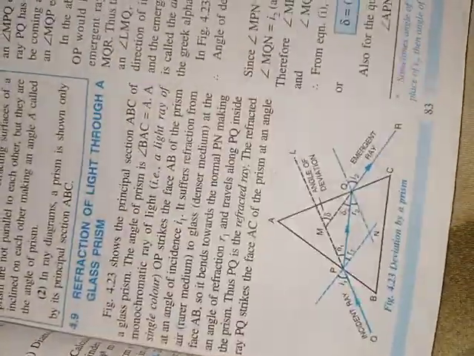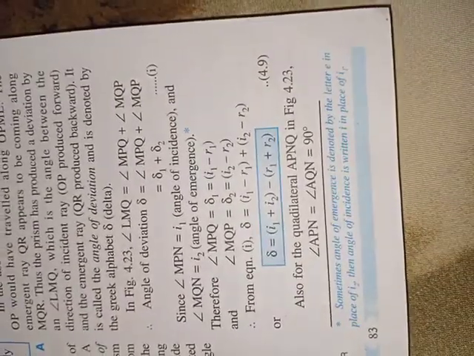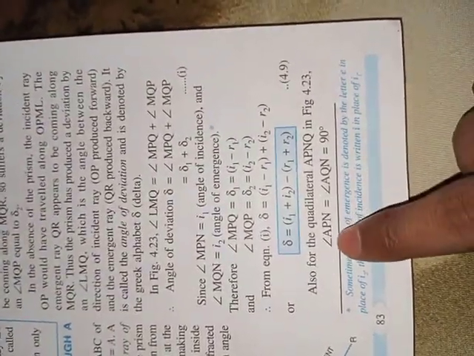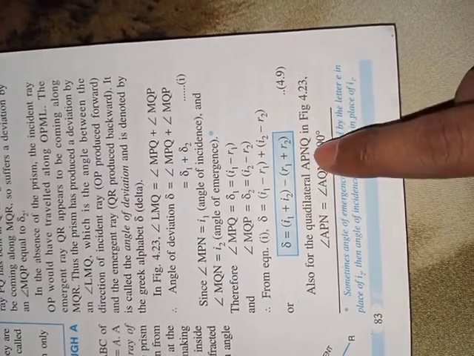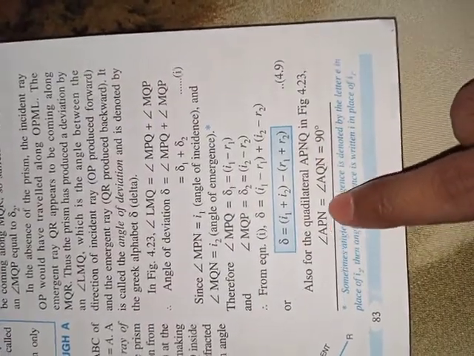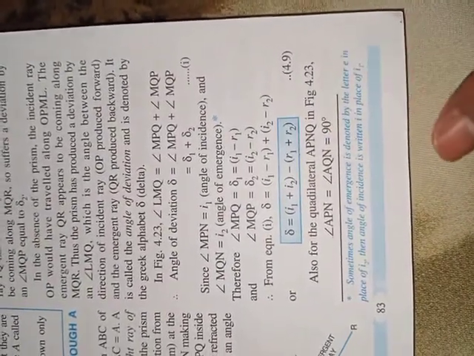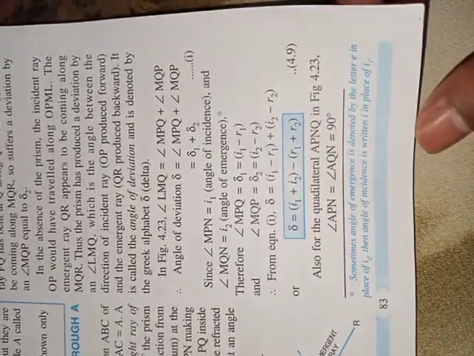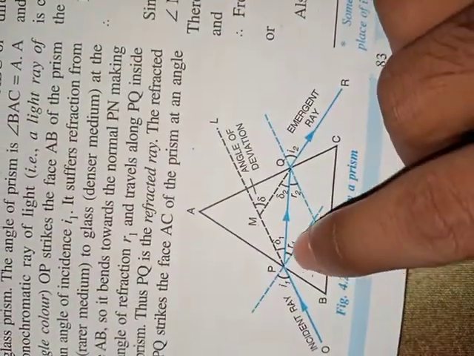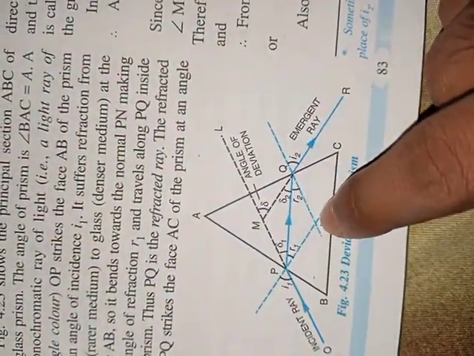Okay, cases. Here it is given for quadrilateral APNQ, angle APN equal to angle AQN equal to 90 degrees. That means this is a quadrilateral APNQ.